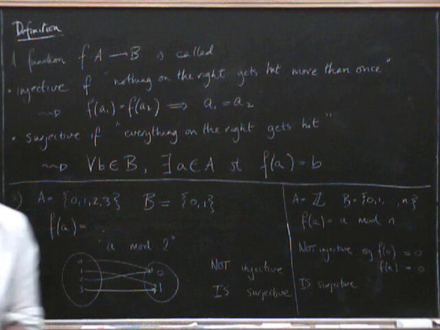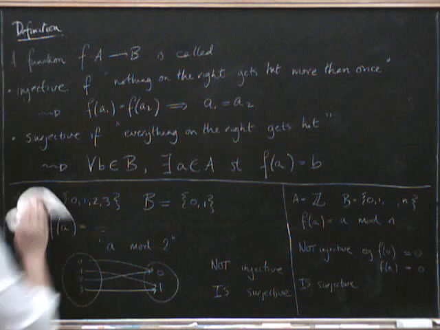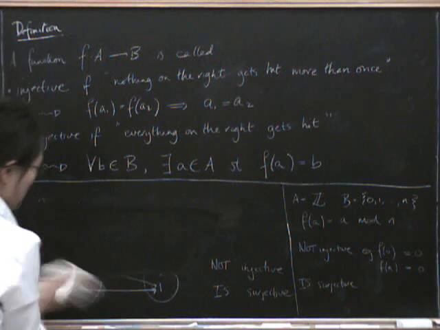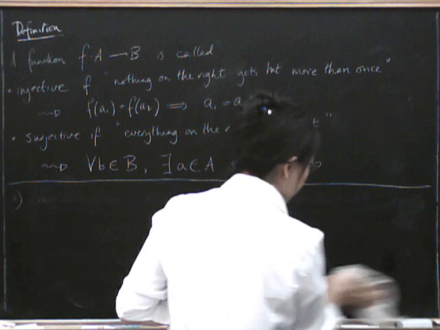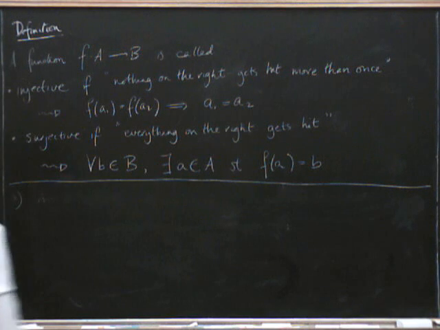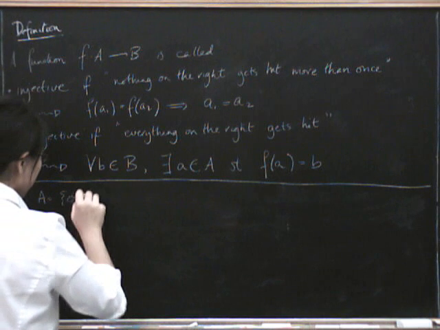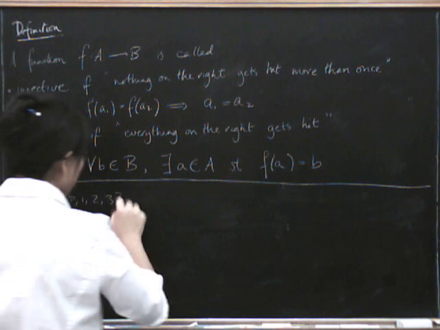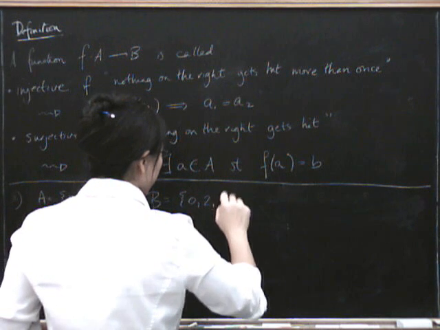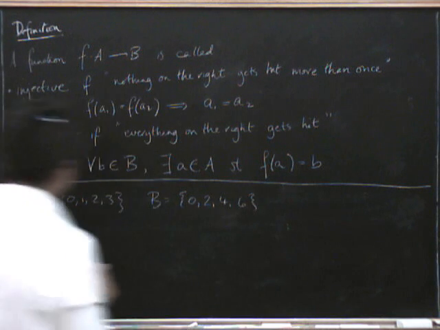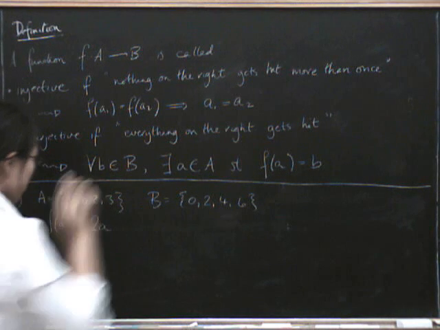Okay, so the next one we had was multiplication by 2. Right, so this time, it was still 0, 1, 2, and 3. And this time B is 0, 2, 4, and 6. And f of a is going to equal 2a.